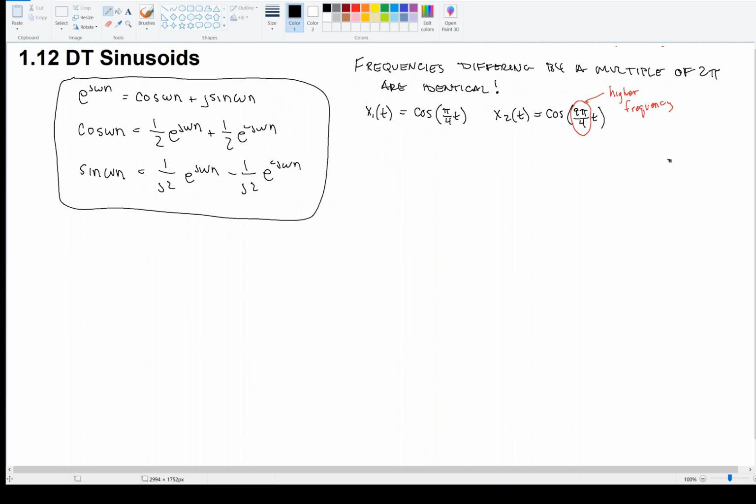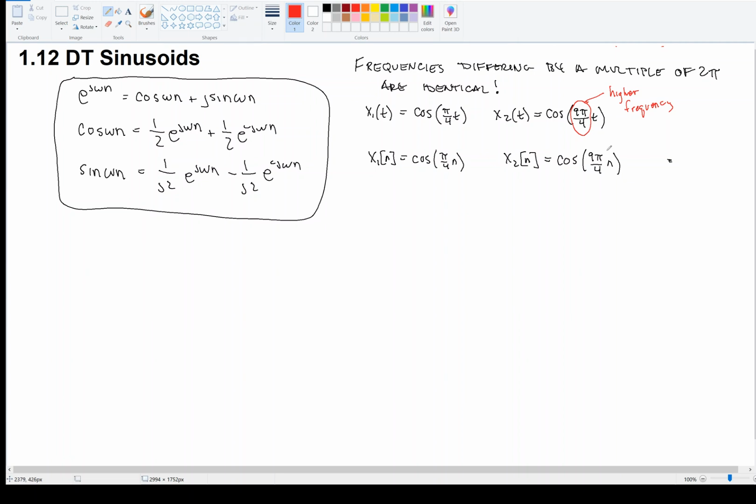What I'm saying to you here now is that x1 of n, let's say cosine of pi over 4 n, and x2 of n, we'll say cosine of 9 pi over 4 n, are exactly the same signal. Those are the same signal, because their frequencies differ by a multiple of 2 pi, the multiple is 1, right?